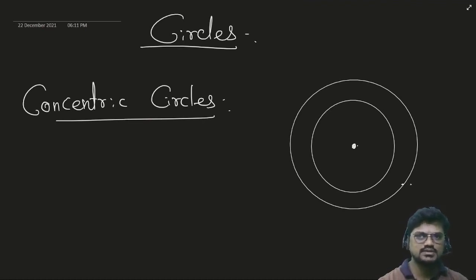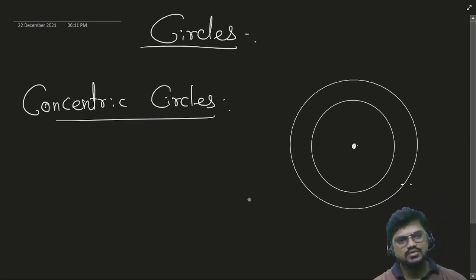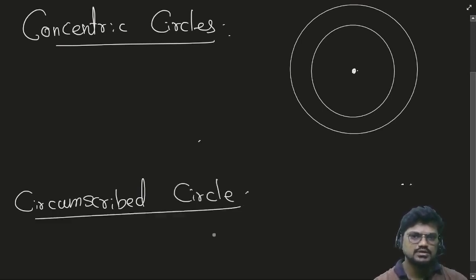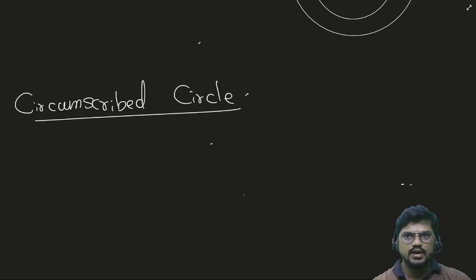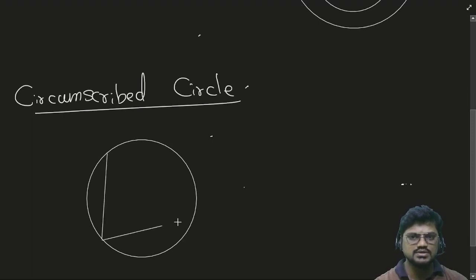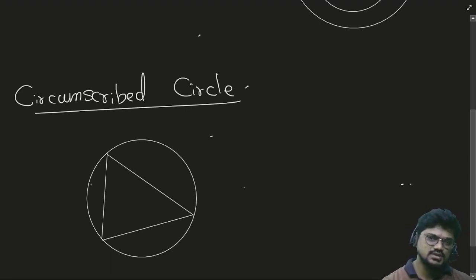The next is, what is a circumscribed circle? Suppose you have a circle and there is a quadrilateral or any polygon inscribed in it. If this is a circle and you have a polygon inside it, suppose a triangle, then we say this circle is circumscribing the triangle.